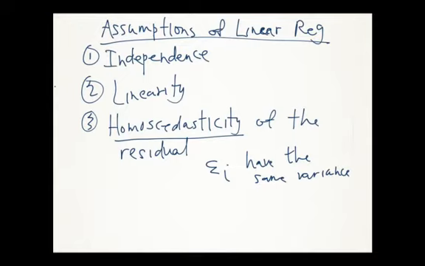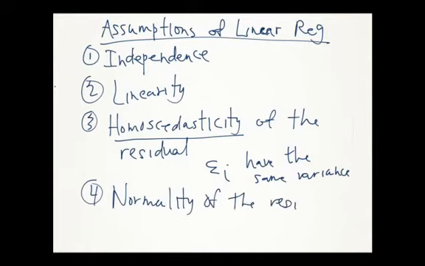Okay? And finally, the fourth assumption is that of normality of the residuals. So that the residuals, e sub i, are normally distributed, with a mean of 0 and some standard deviation.